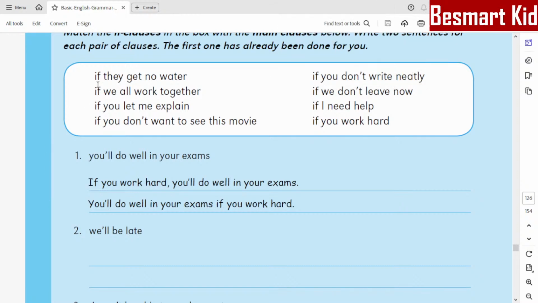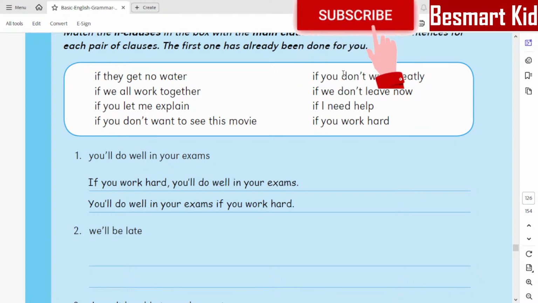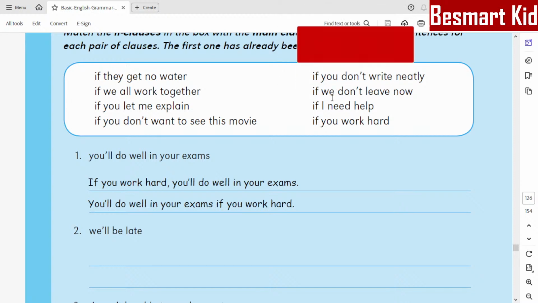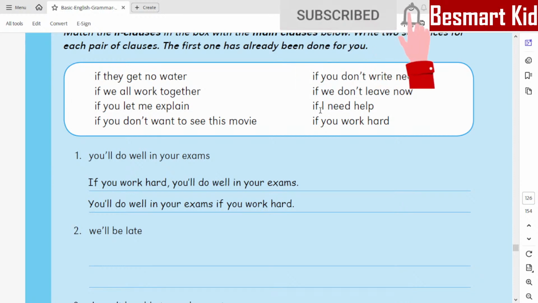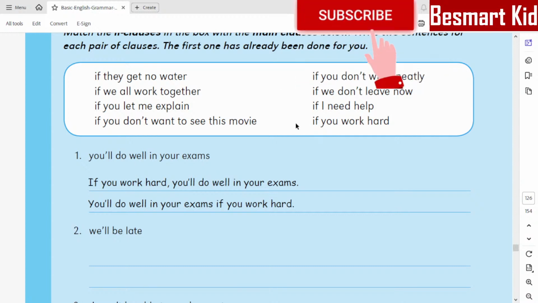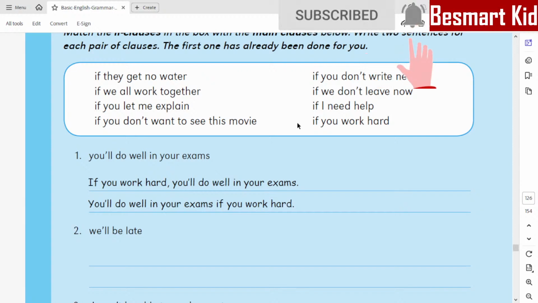First, if they get no water, if we all work together, if you let me explain, if you don't want to see this movie, if you don't write neatly, if we don't leave now, if I need help, if you work hard.